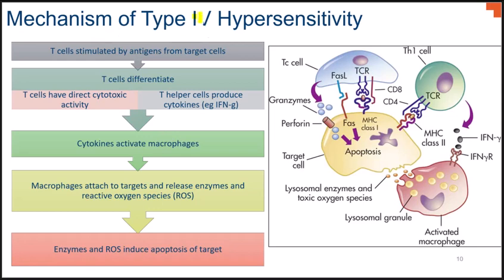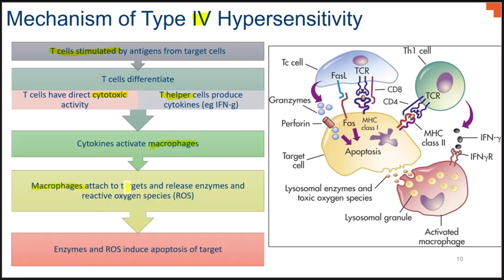But let's look a little bit more at what's happening, the pathophysiology of these type 4 hypersensitivities. We talked about how T cells are going to be stimulated. We're going to have these cytotoxic T cells that are going to directly attack the tissue, and then the T helper cells that are going to do things such as producing cytokines and recruiting macrophages. What do the macrophages do?